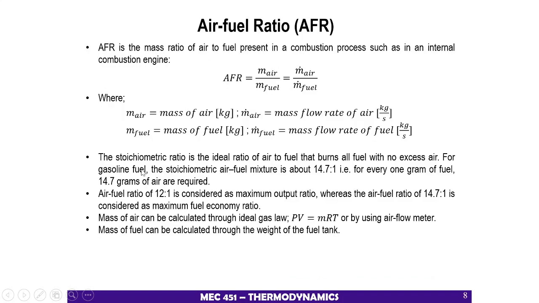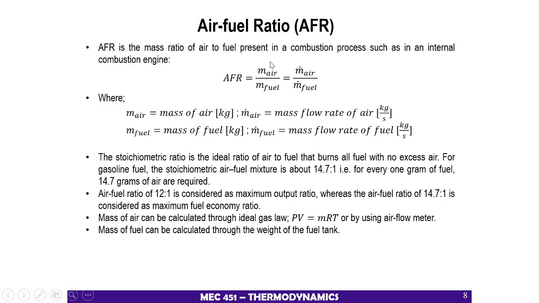Air fuel ratio. Air fuel ratio is the mass ratio of air to fuel present in a combustion process, such as in an internal combustion engine. So the air is on top, the fuel is at the bottom.